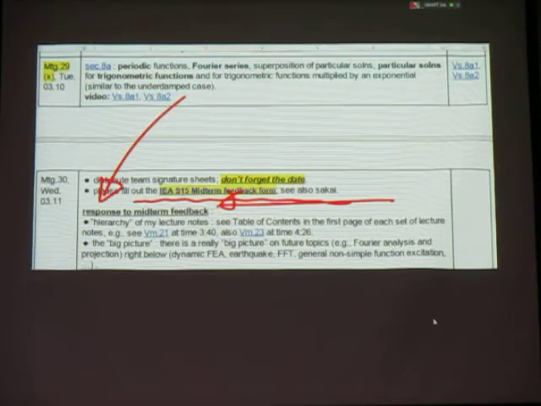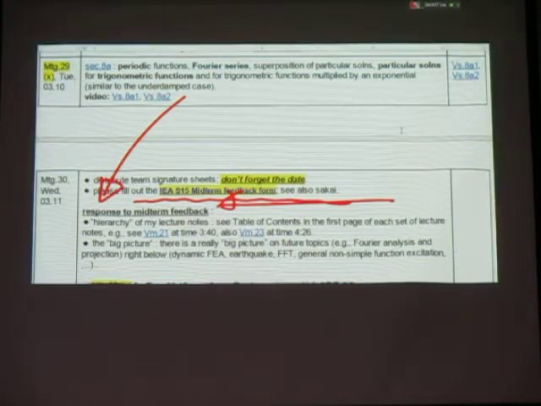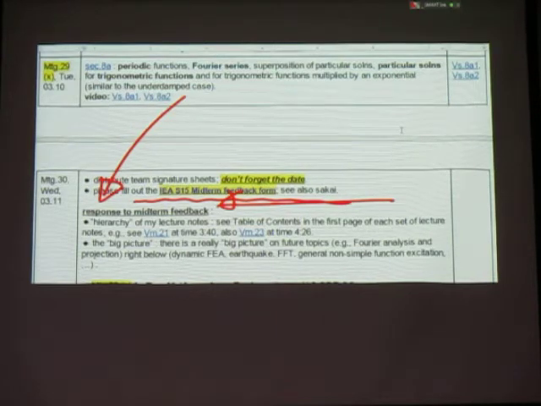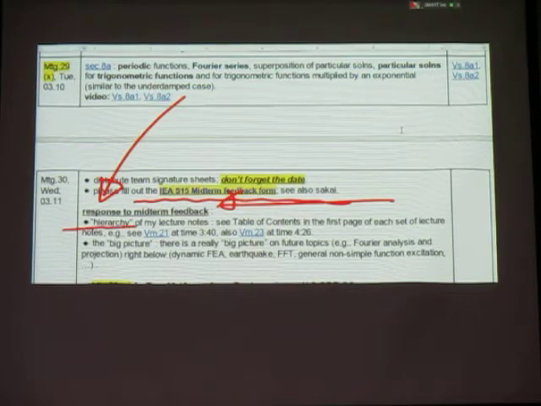I do read the midterm feedback regularly, and I was surprised to see that one student, just one, did not see the hierarchy of my lecture notes. There are several places where you can look.